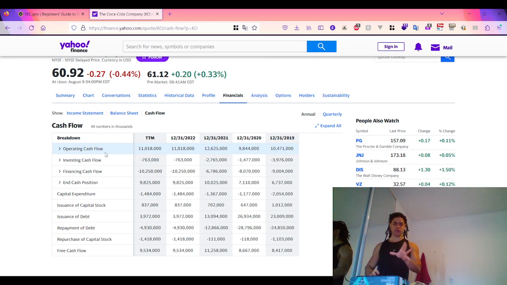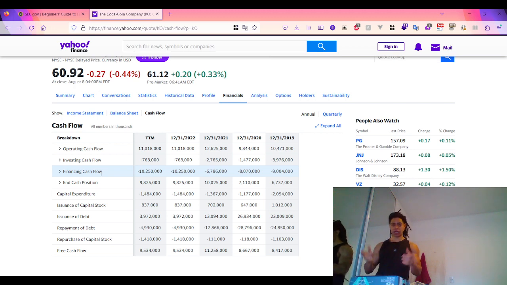This is something that Investopedia describes. This financing operation focuses on how a company is raising funds from investors and creditors, how they repay the debt and share dividends to the shareholders.